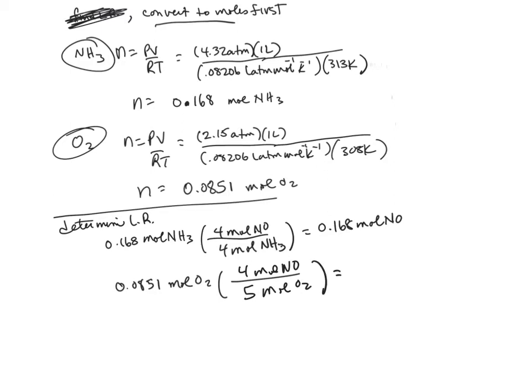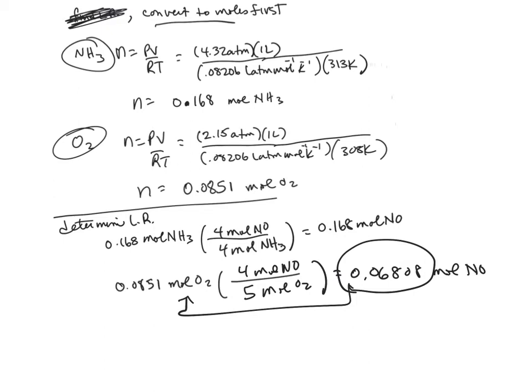So 4/5 of 0.0851 equals 0.06808 moles of NO. So we are going to pick the smaller of the two, and that will make the O2 the limiting reactant. Okay, 0.06808 moles of O2.